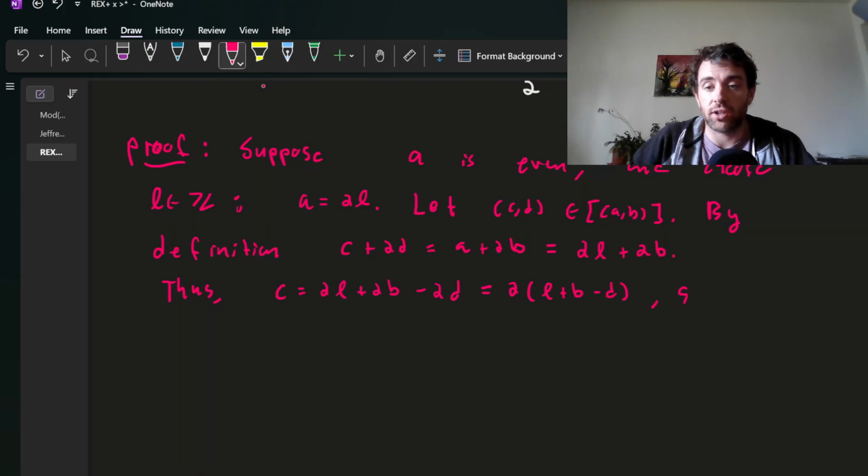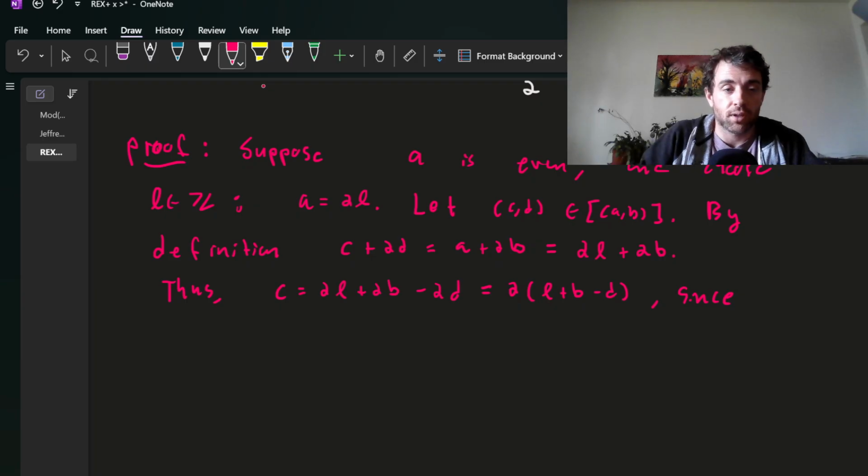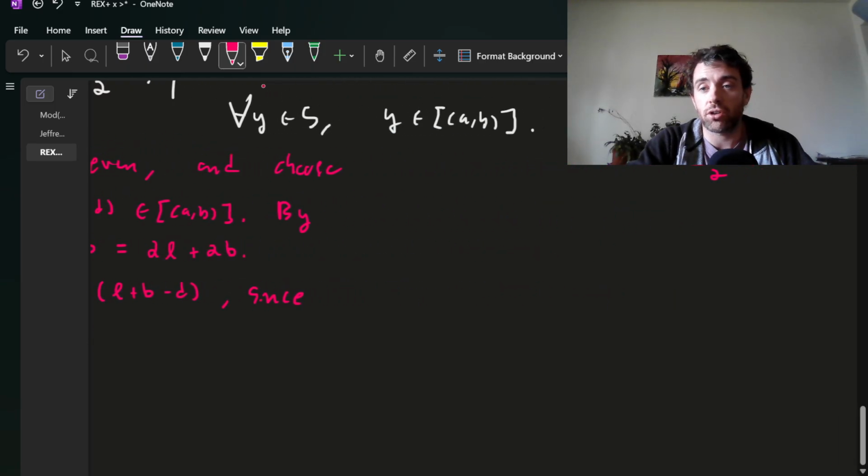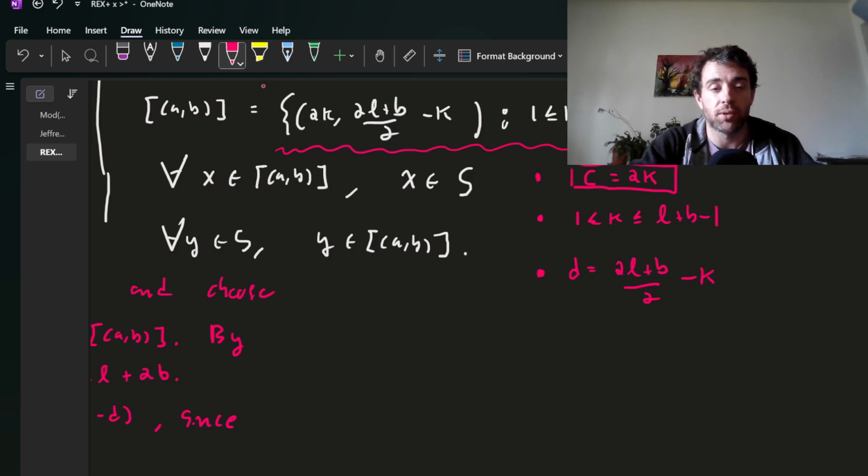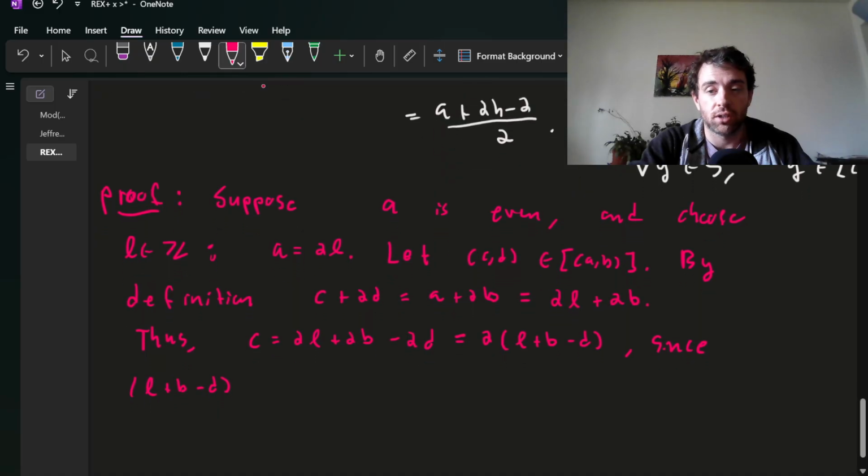And then we could say, since L plus B minus D, we could even do something sneaky here, because we know that we want to work with this integer k, right? So to get it in this exact form, let's make a definition.